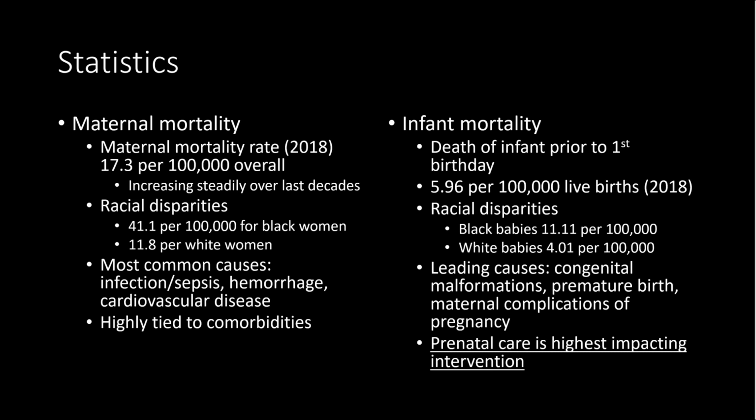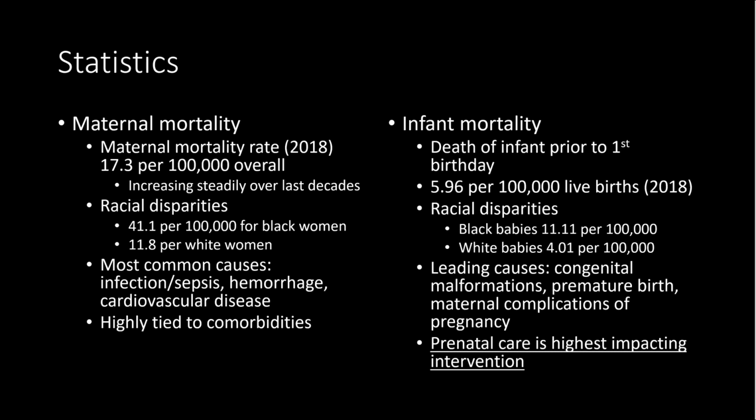Leading causes of infant mortality are attributed to congenital malformations, which we can't always do a lot about, premature birth, and maternal complications of pregnancy. Knowing that those last two, premature birth and maternal complications, are so highly indicative of infant mortality, we have done research that shows prenatal care is our highest impacting intervention in regards to combating infant mortality.